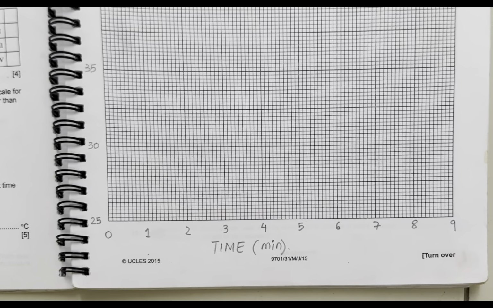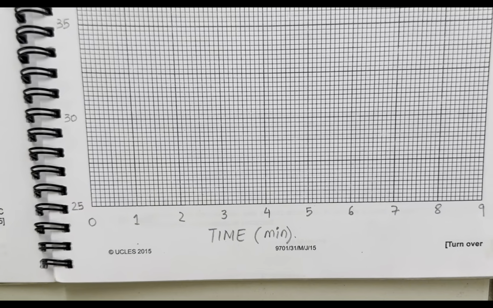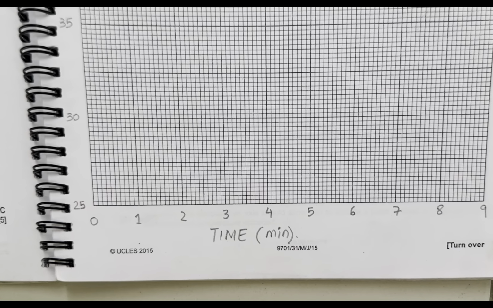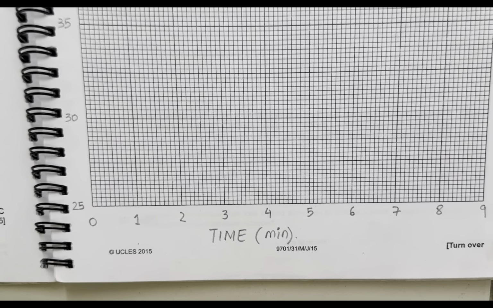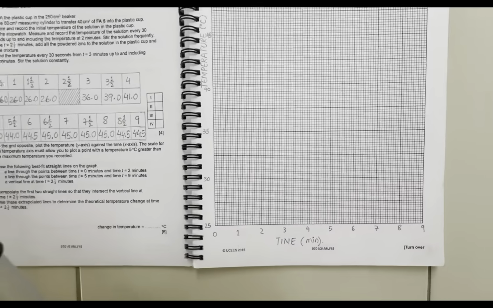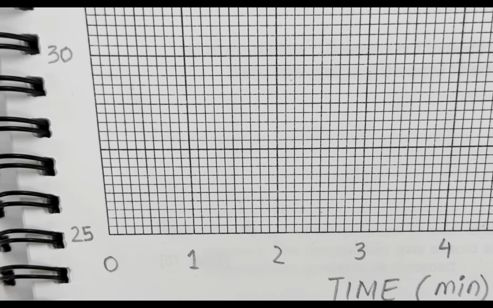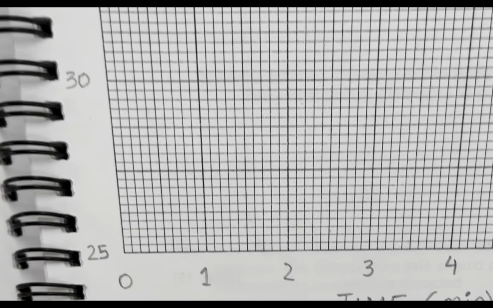I have selected a scale on x-axis that is giving me a full range of 9 minutes starting from 0. But on y-axis, I have started from 25 so that every 20 boxes I have taken 5 degree.